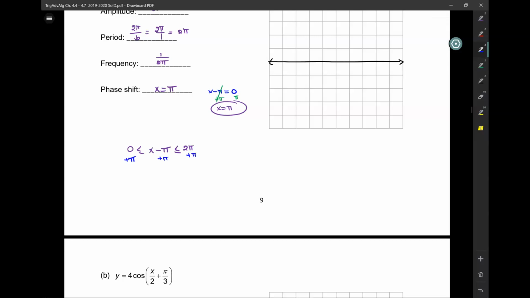So here I have 0 plus pi is pi, x, 3 pi. So my graphing region goes from pi to 3 pi. So pi, 1, 2, 3, 4, 3 pi.